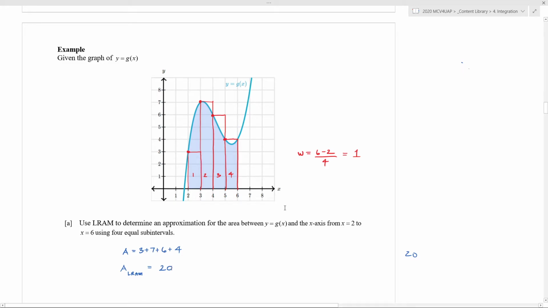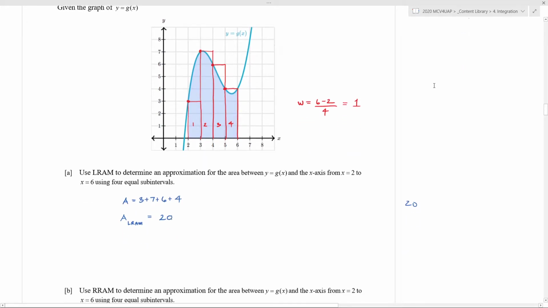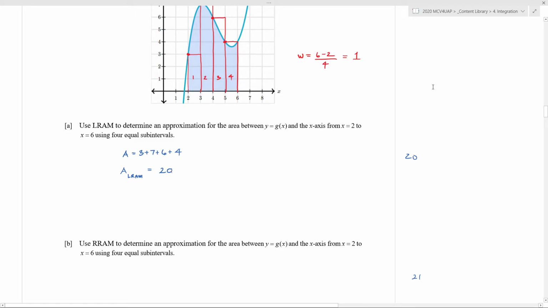Okay, part B says use RRAM to determine an approximation for the area between the graph and the x-axis, again from x equals 2 to 6, using 4 equal subintervals.